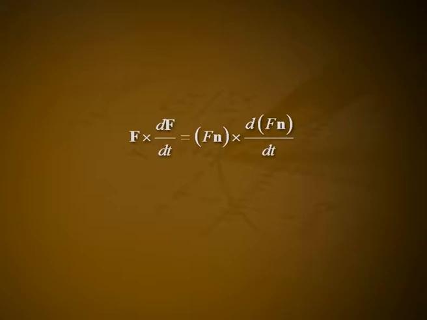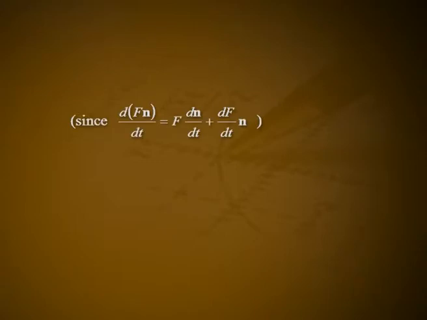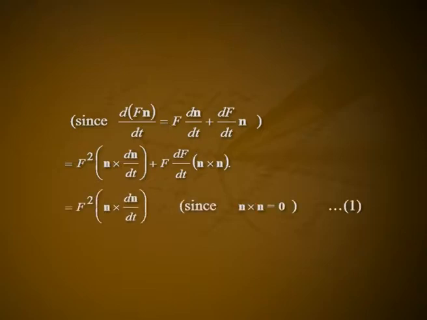If f be the magnitude of vector f, then f = fn. Hence, f × df/dt = fn × d/dt(fn) = fn × (f dn/dt + df/dt n), since d/dt(fn) = f dn/dt + df/dt n. This is equal to f² (n × dn/dt) + f (df/dt)(n × n) = f² (n × dn/dt), since n × n = 0. Put it as equation 1.